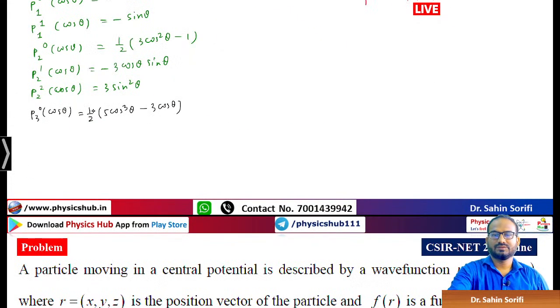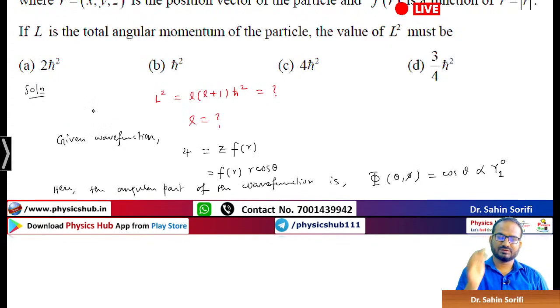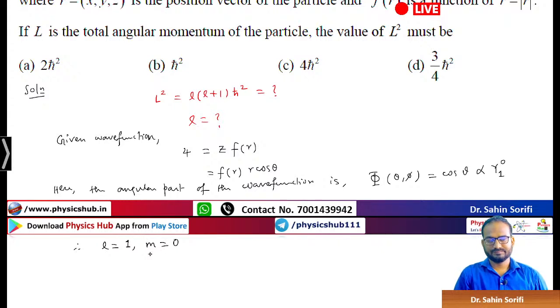So we can say that the L value is obviously 1 and the M value is obviously 0. If you know the L value, we can easily calculate L square, L into L plus 1 h cut square, 1 into 1 plus 1 h cut square, so 2 h cut square.